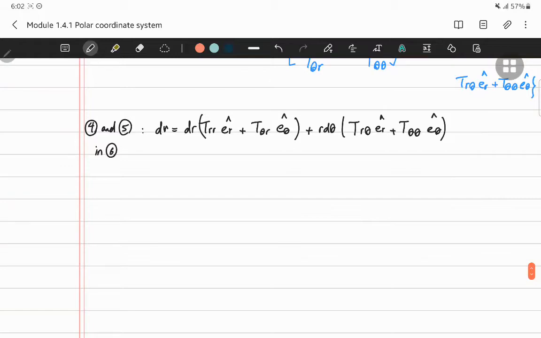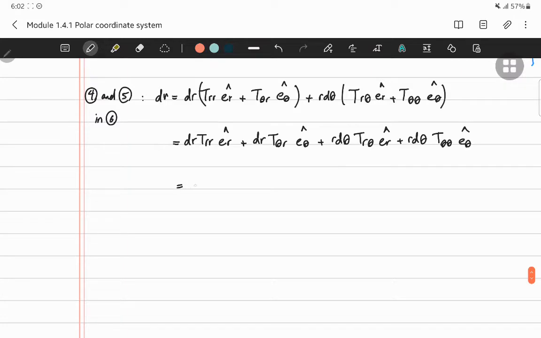So if we just expand this and reorder everything, we have dr T_rr e_r plus dr T_theta_r e_theta plus r d theta T_r_theta e_r plus r d theta T_theta_theta e_theta.